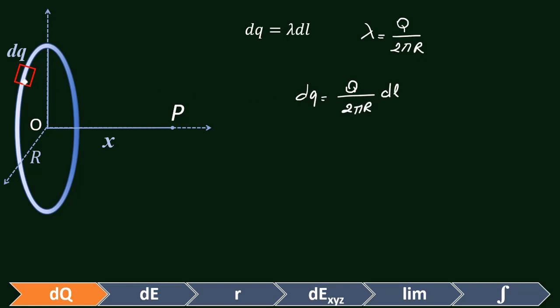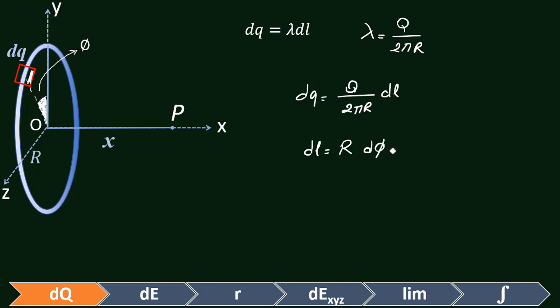We have to redefine this length, the small length of this dq. For that, we're going to need to define an angle. So let's define an angle on the plane of the ring, angle phi, starting from the y-axis. Well, a small arc length is radius of the curvature r here times a small angle on that plane.